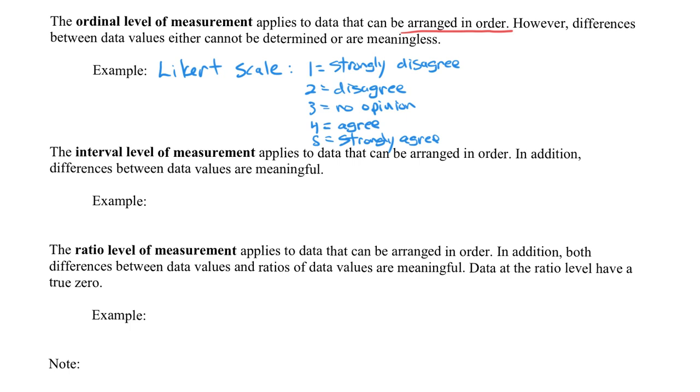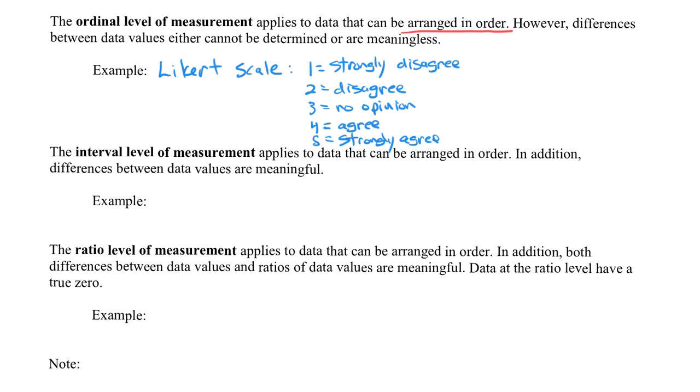So that they're arranged in order, but differences between the values may not make much sense. Like, is the difference between 2 and 3, between disagree and no opinion, the same as the difference between, say, agree and strongly agree? Scales are used quite often in surveys, and you'll receive them in emails nowadays pretty often.